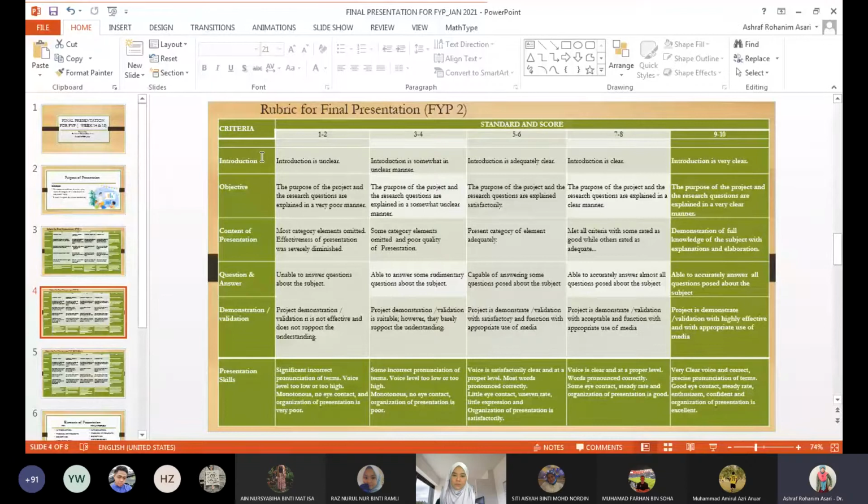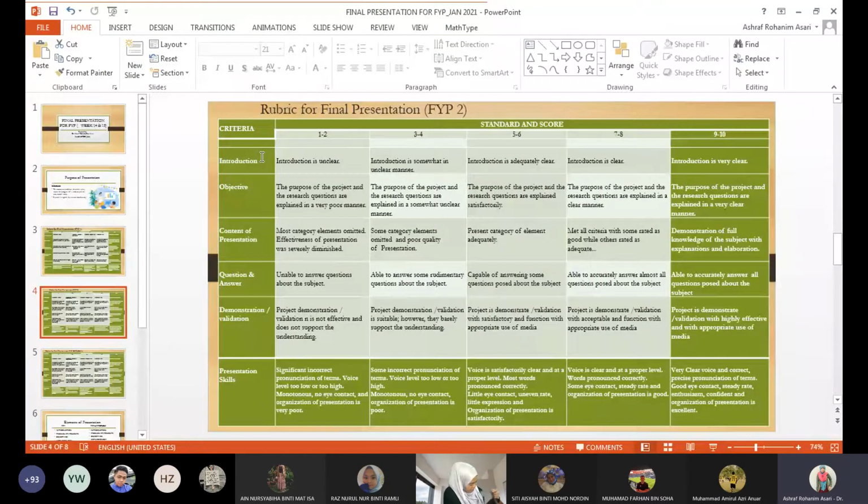For objectives, don't just put 1, 2, 3 and read them. No. Try to make it very clear. Yes, you consider objectives 1, 2, 3, but you have to explain them in a very clear manner.